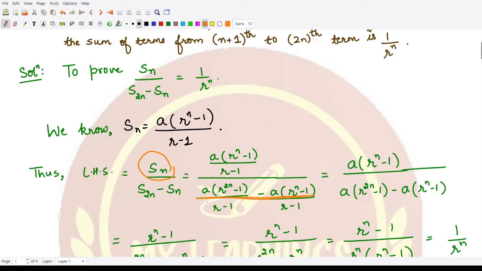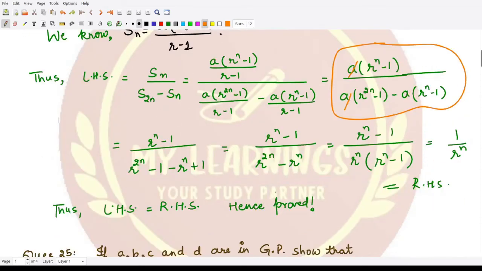It would be r minus 1, and this r minus 1 would cancel with this r minus 1, so you would be left with these terms. Next, you can take a common from the denominator so that it gets cancelled with the a in the numerator. So you would be left with r to the power n minus 1 divided by r raised to power 2n minus 1 minus r raised to power n, where minus would become plus 1, correct?